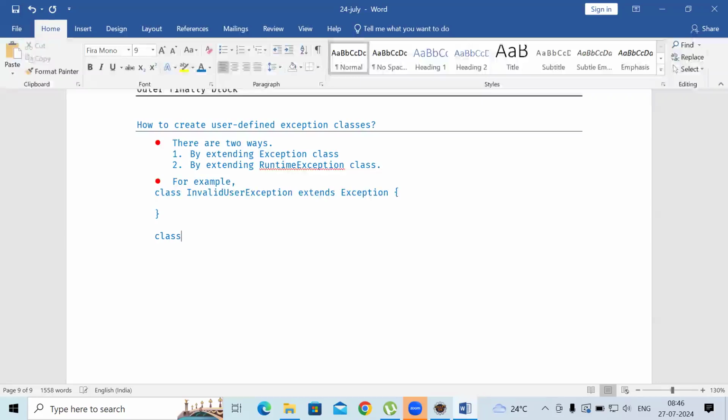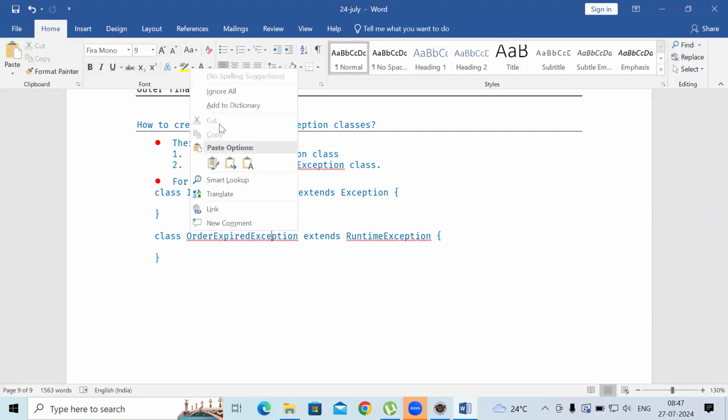Let me write another example, something called OrderExpiredException, extends Exception, or extends RuntimeException. What to write inside and all that I will talk about in the next class.